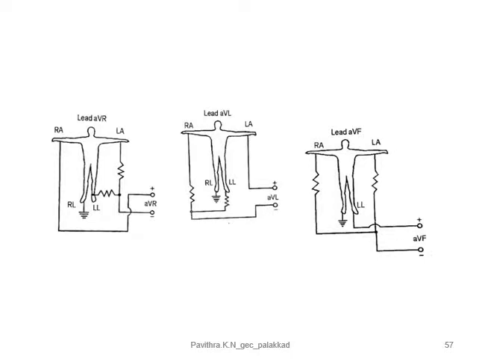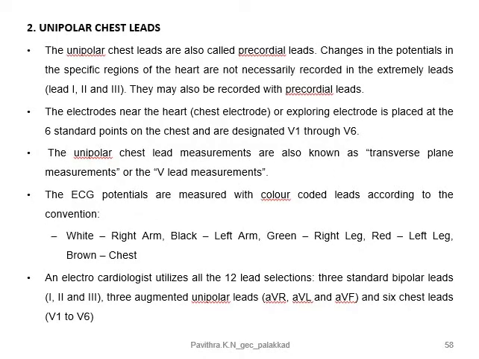Next let us move on to unipolar chest leads. These unipolar chest leads are also known as precordial leads. These chest leads are kept at 6 different positions of the chest, as given in this figure.